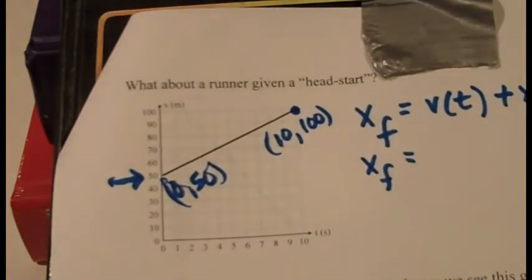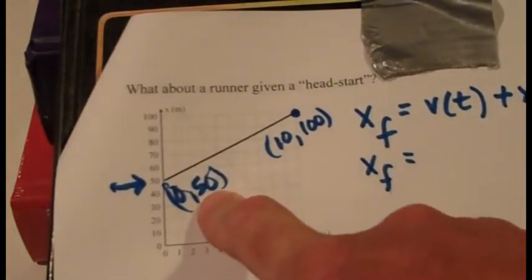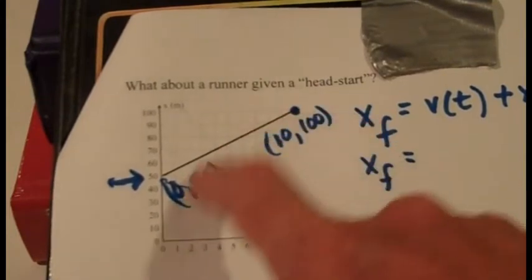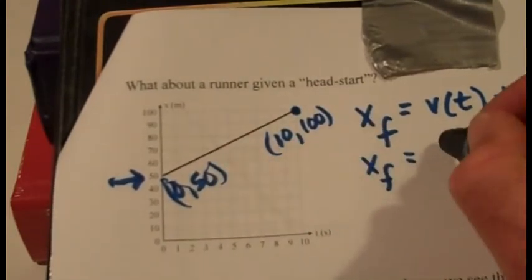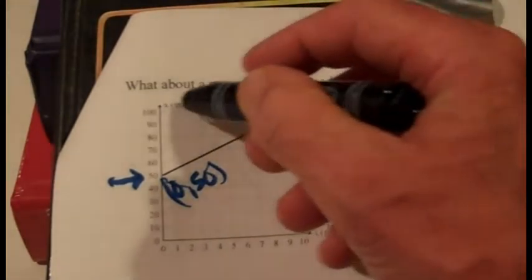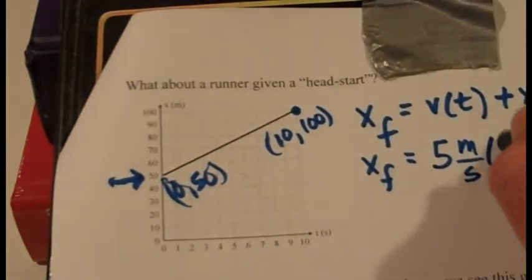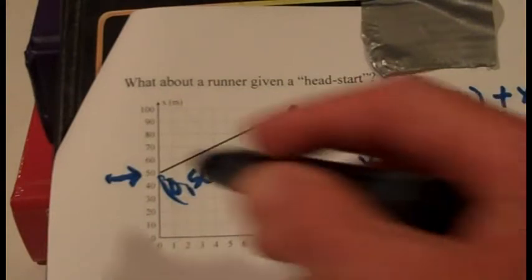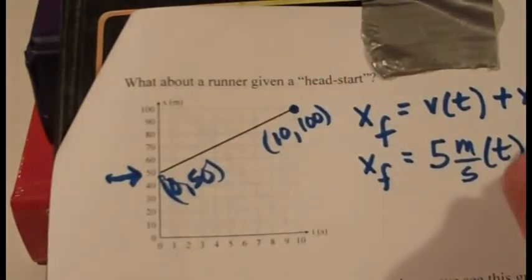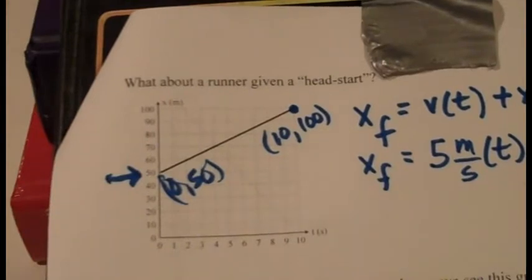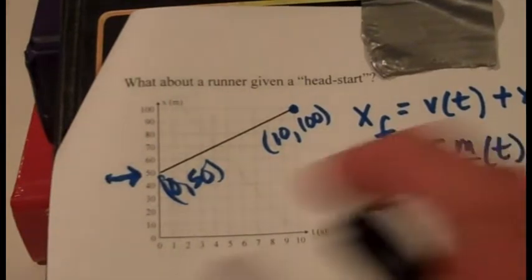Our slope would be 100 minus 50 over 10 minus 0. That's 50 over 10, or a slope of 5, which in this case is meters per second, times t. We'll leave t as a variable because that value can change. Our x sub i represents our head start, or plus 50 meters. That would represent the equation of a runner doing that.